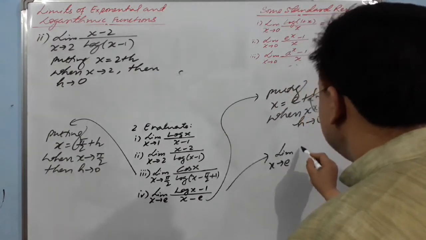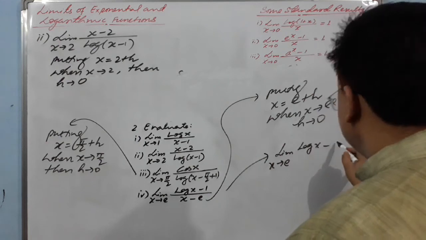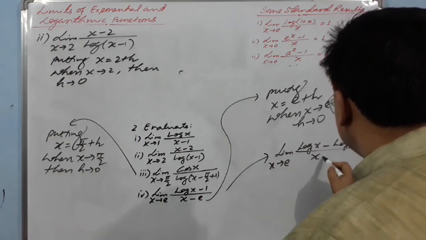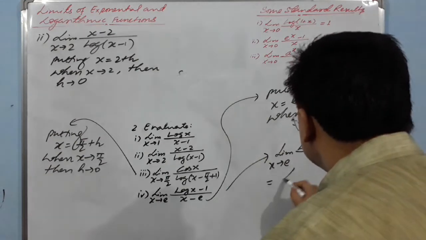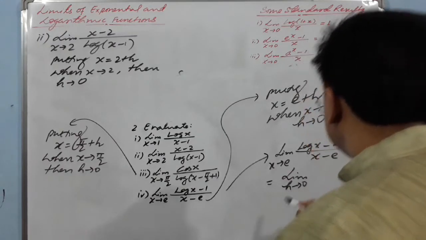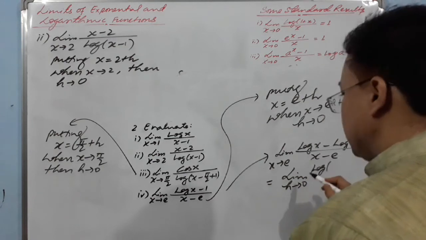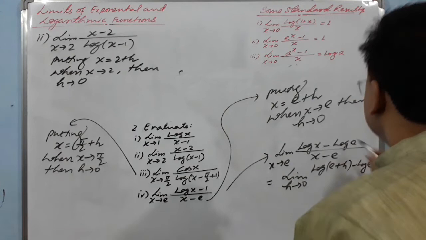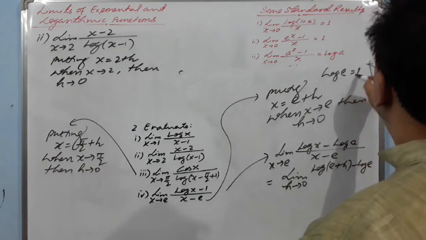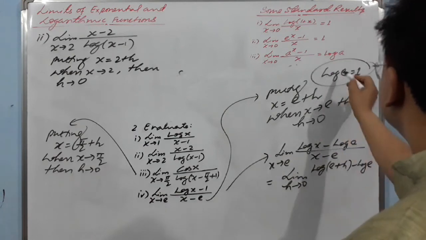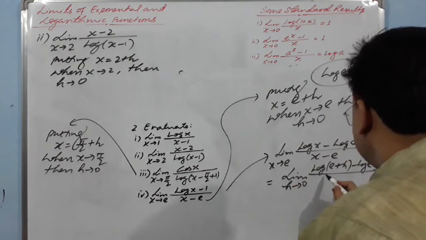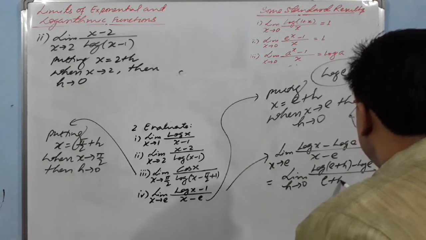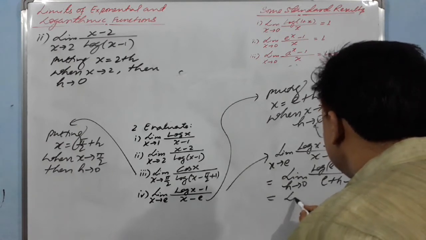Limit as x tends to e of log of x minus 1, meaning log of x minus log e over x minus e, is equal to limit as h tends to 0 of log of e plus h minus log e, because log e is equal to 1, the log of e to the base e. Over x minus e, which is e plus h minus e, so only h.